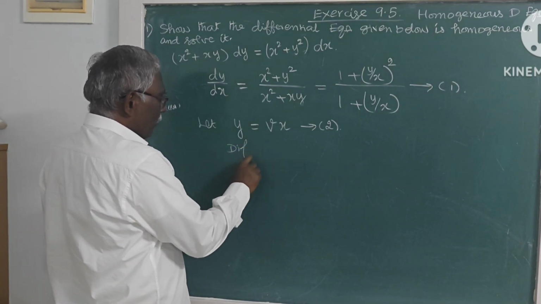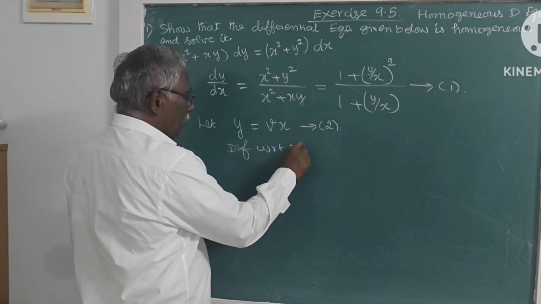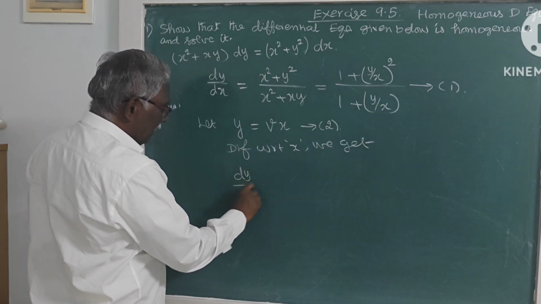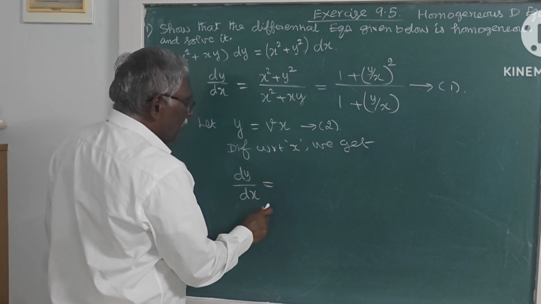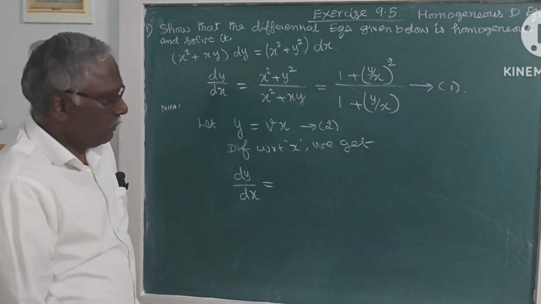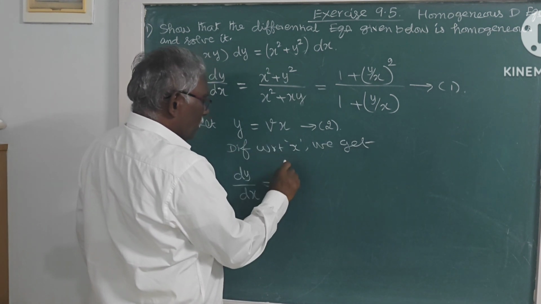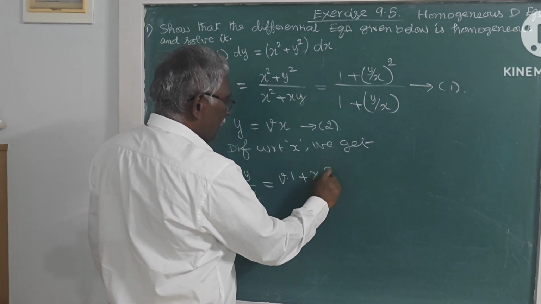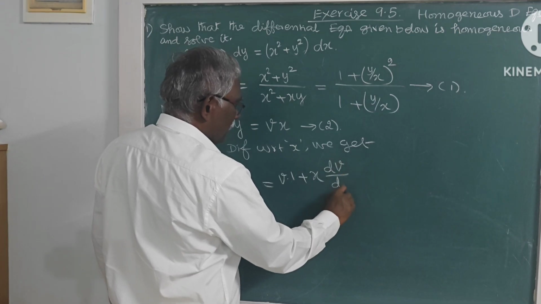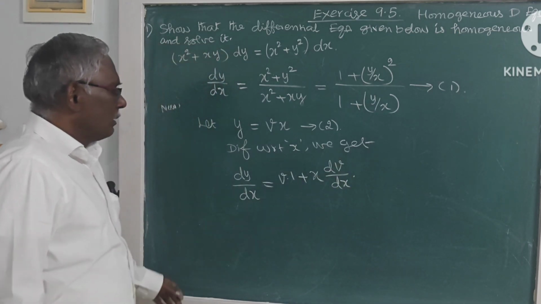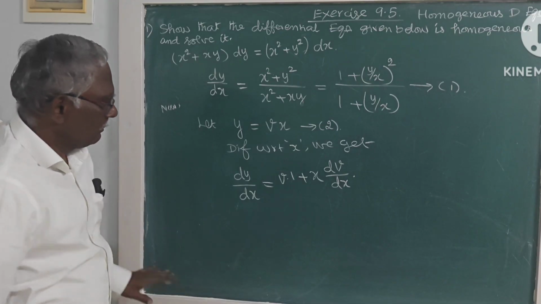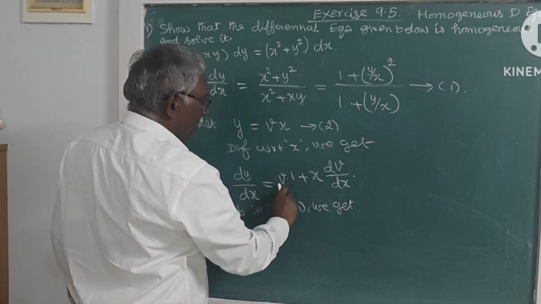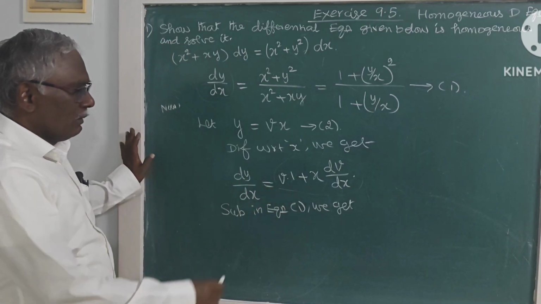Differentiate with respect to x, we get dy by dx. We have to use the uv form: v into differential of x is 1, plus x into dv by dx. Substitute this in 1. For dy by dx, we substitute v plus x into dv by dx.